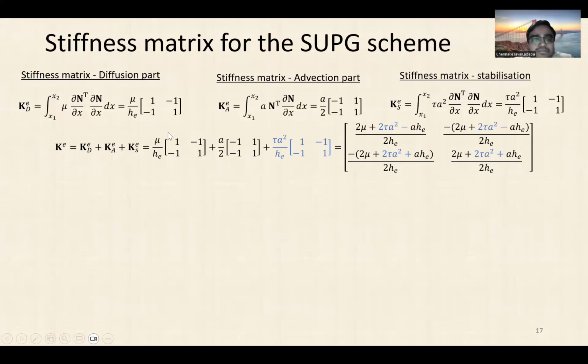We put them all together, and if we add them all and take out the common denominator, then by multiplying with the factors and simplifying, we get these four terms for the element stiffness matrix. You can take some time to verify these expressions.